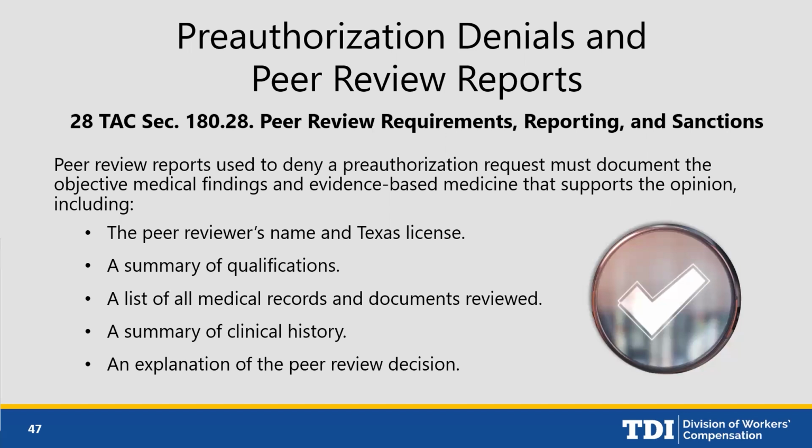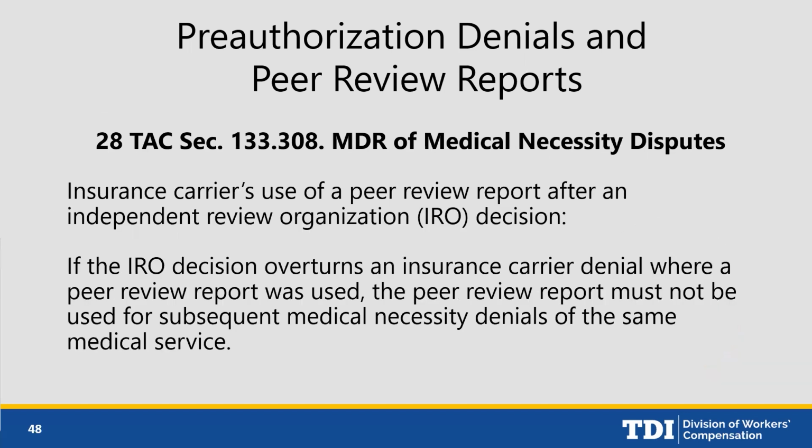This is important for you because maybe you have an imaging or another record that they didn't look at. So look at all the documents that they used to make that peer review report, a summary of the clinical history, and an explanation of their peer review decision. So if you're getting an adverse determination based on a peer review, ask for a copy of it and look for that information.